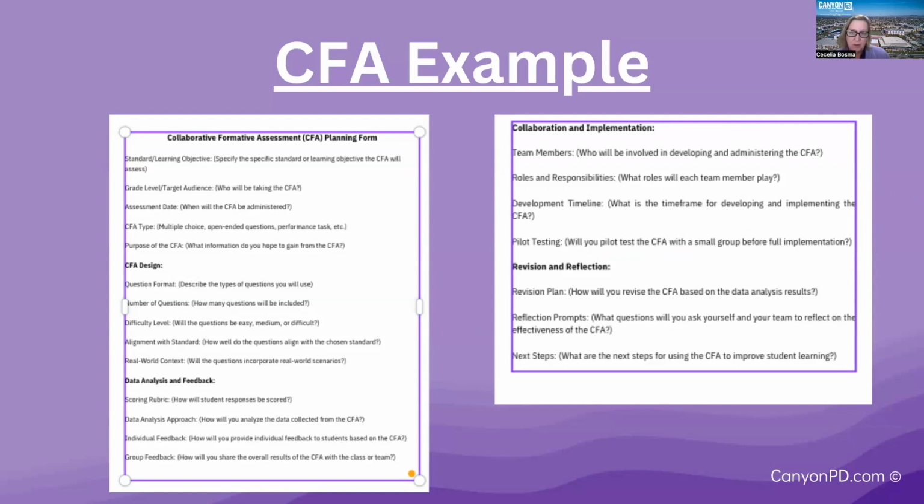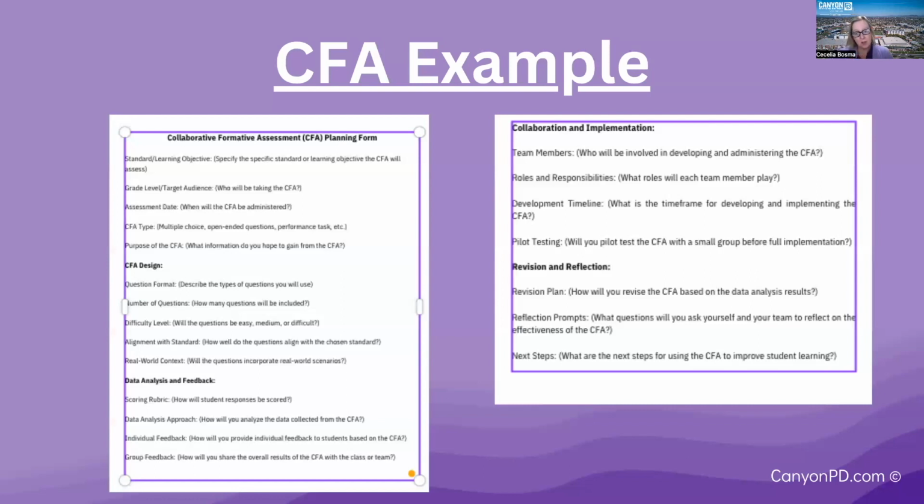Communicate effectively with your team members throughout the CFA planning and implementation process. By using this planning form, you can ensure that collaborative formative assessment is well designed, effective in gathering valuable data, and ultimately contributing to improving student learning outcomes.